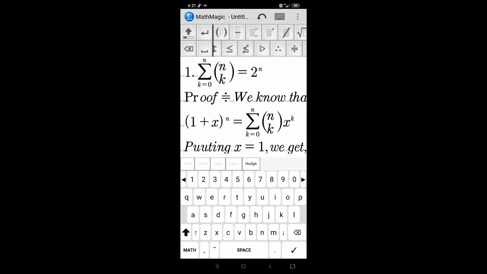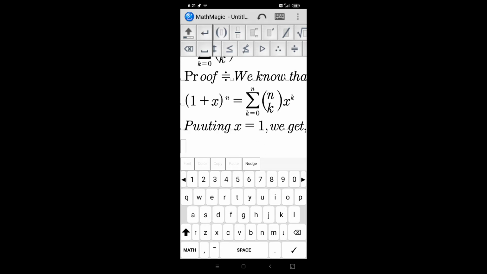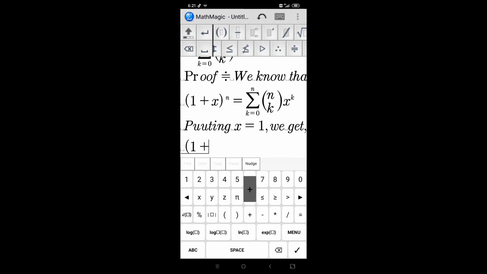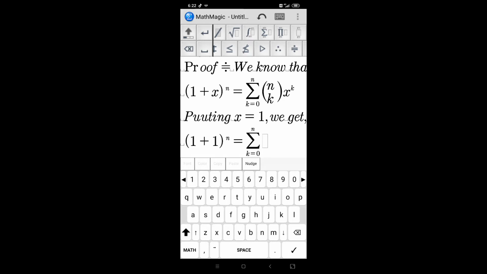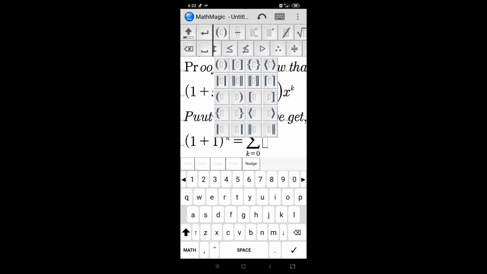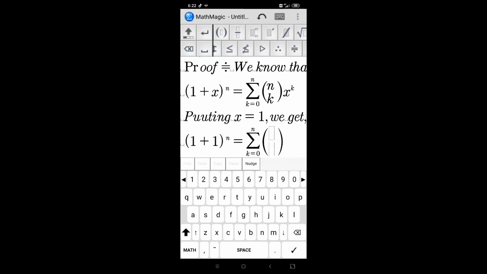So putting x equal to 1 in that binomial theorem, what do we get? (1 plus 1) to the power of n equal to the sum from k equal to 0 to n of n combination k into 1 to the power of k.